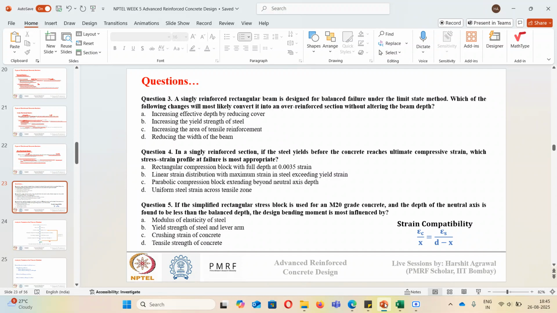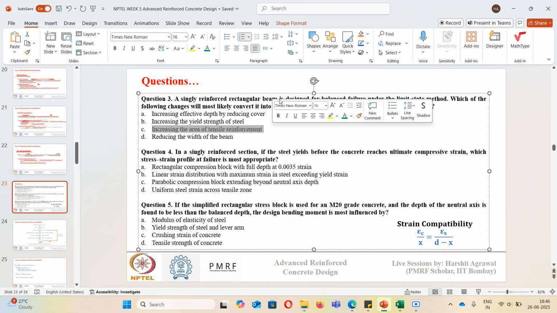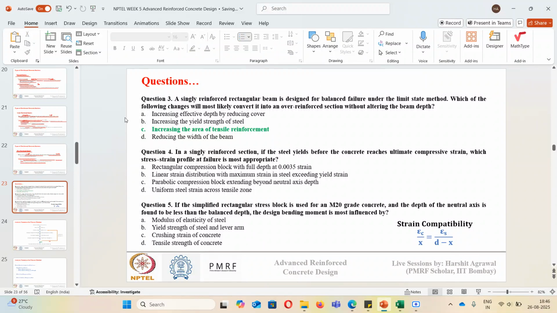Try to think. C is a very obvious choice. We are increasing the reinforcement area, so it is becoming over reinforced. Apart from this, there are two more options that can be true. B and D also, I think.